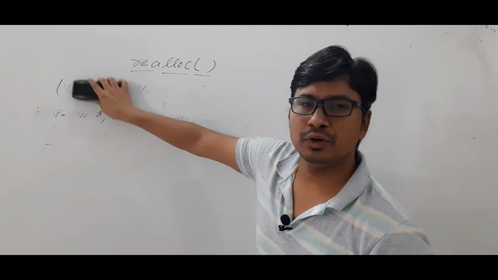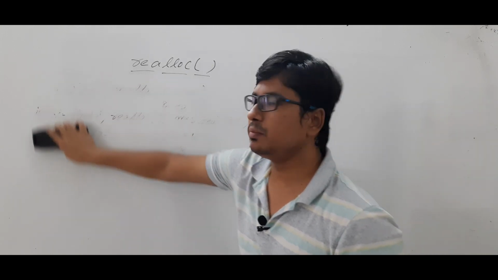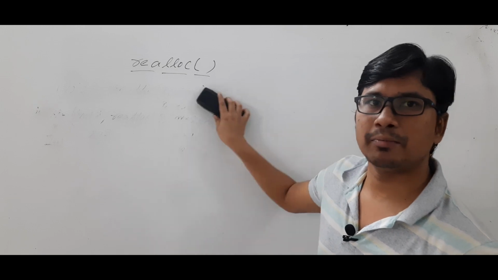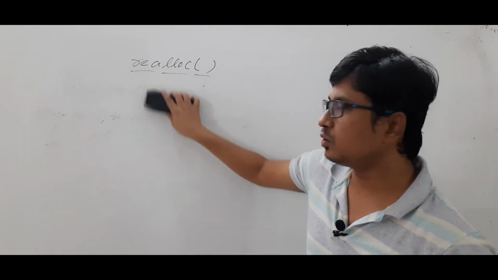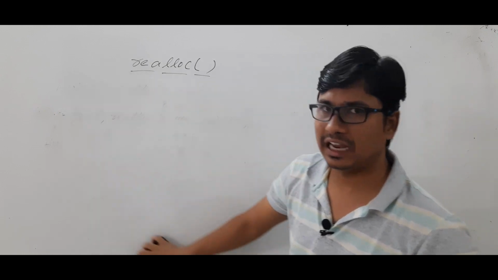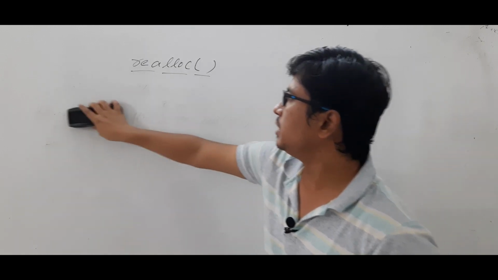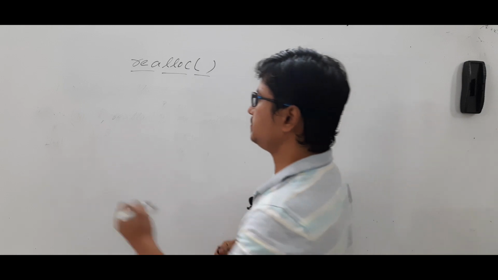You know that if you want to use these dynamic memory allocation functions such as malloc, calloc, realloc or free, you have to include a header file called stdlib.h. So let me include that header file.